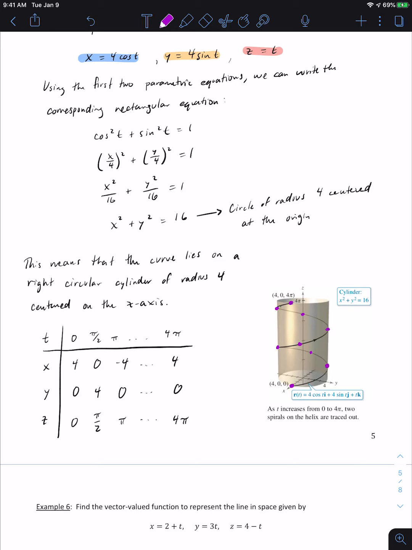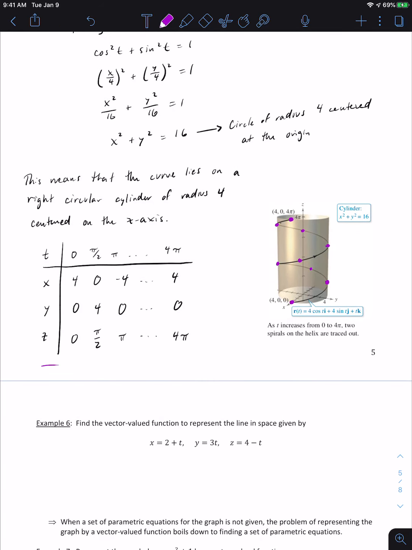So I'd have a bunch of different points on this graph, and my final point is the point 4, 0, 4 pi. And now that I have all these points, I can trace the curve, actually I should start at the bottom, the curve that is connecting the dots. So it would be this picture right here, which I know is a little bit hard to see. When I was drawing it, I didn't draw it great, but it's like a helix, right?